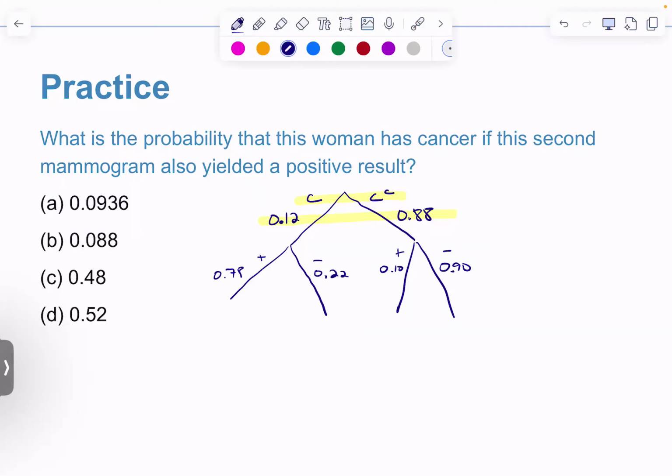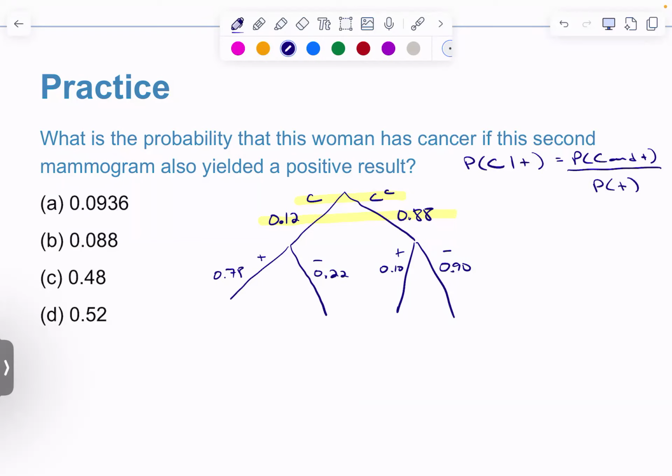So now let's translate this question into a conditional probability statement. What's the probability that this woman has cancer if we get a positive result? So the probability of cancer given a positive result. That's going to be the probability of cancer and a positive, divided by the probability of a positive.